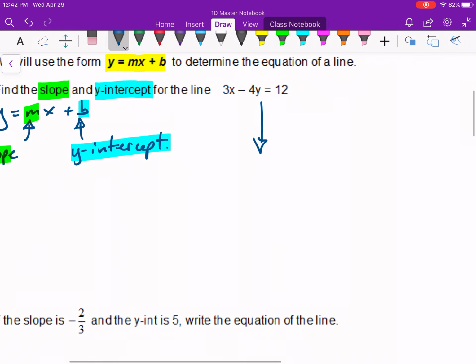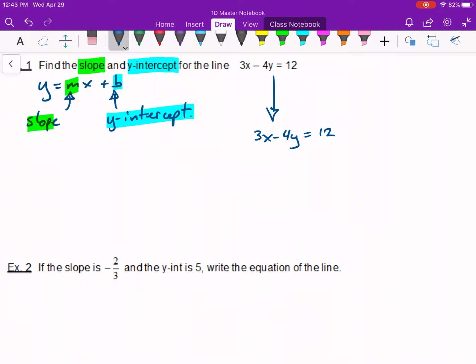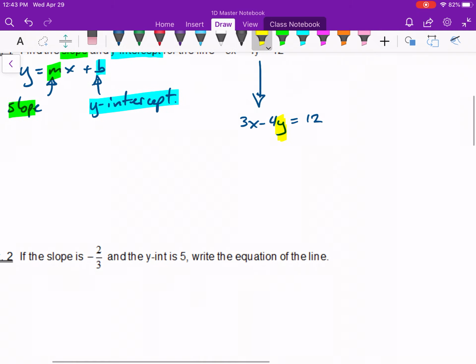First, I'll copy the equation down again, 3x minus 4y equals 12. Since y is what I'm trying to isolate, I need to get everything else to the other side of the equation.